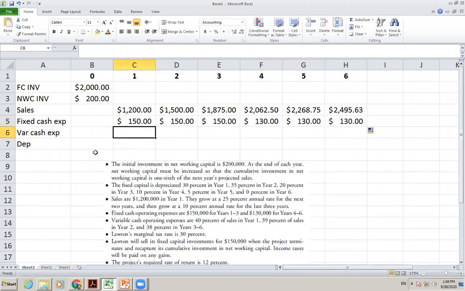And variable cash expense varies with the sales. It says that it's 40% in year 1, 39% in year 2, and 38% in the last 4 years.